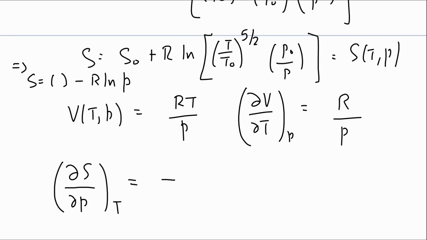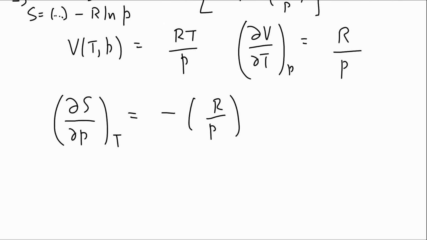I could have everything that's not P in this thing here, and then there's a minus because it's 1 over P in the log, minus R log P. That's the only piece of S as a function of P and T that depends on P. And so if I work it out, I get minus, and then I get minus R over P, right? I have just an R over P.